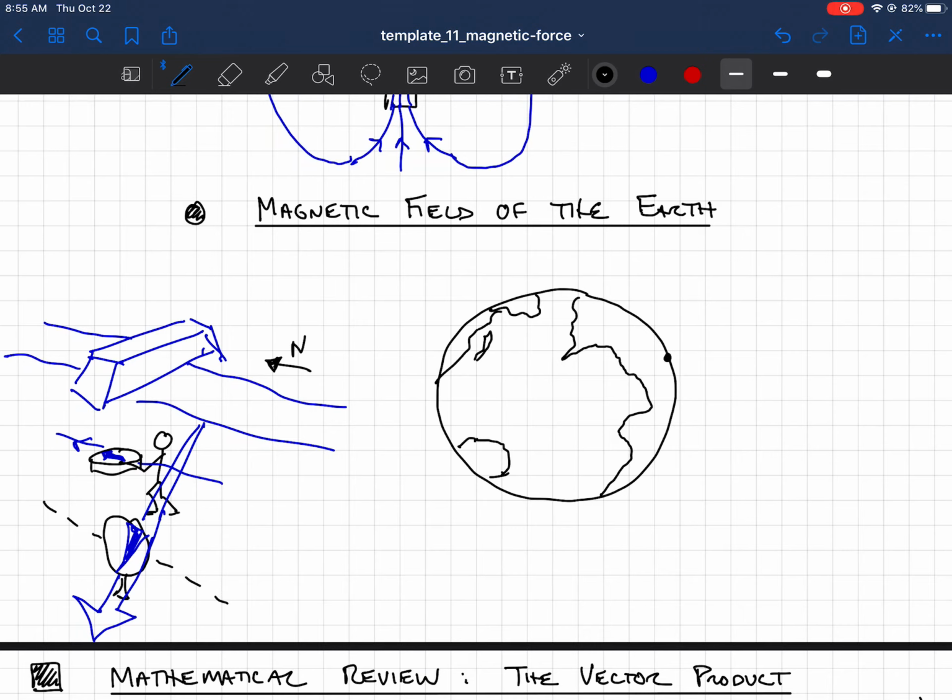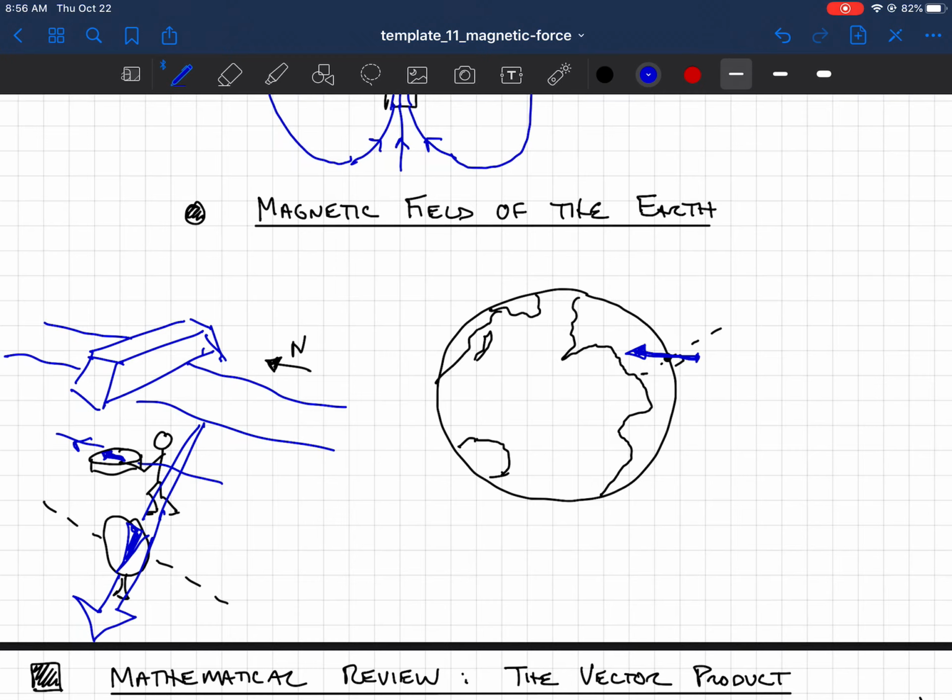Because what we did was we just found out what the field line of the Earth looks like at that point. And what we said is that it points mostly into the Earth and partly north. So if this is the normal to the Earth, the field at that point looks like this. Mostly into the Earth, partly north, like that.